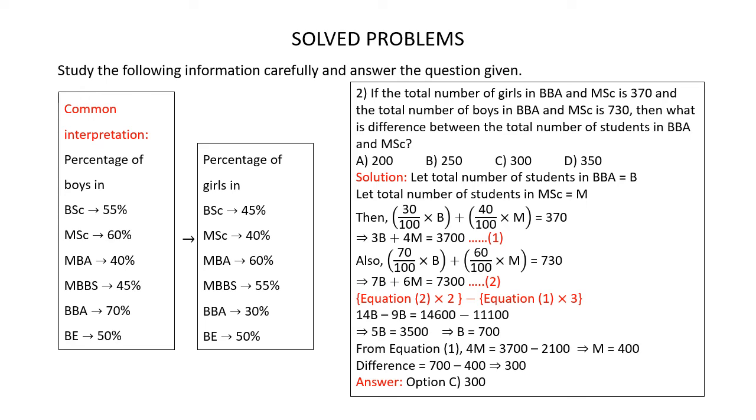So the total number of students in BBA is 700 and the total number of students in MSc is 400. So the required difference between the total number of students in BBA and MSc is 700 minus 400, which is 300. So the correct answer is option C, 300.